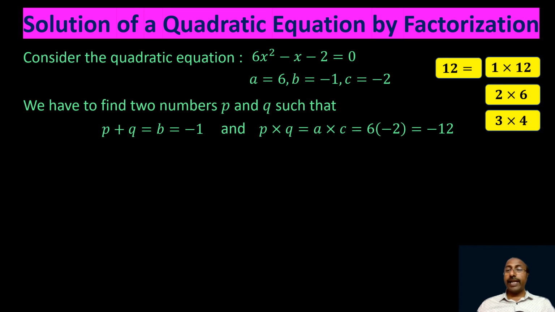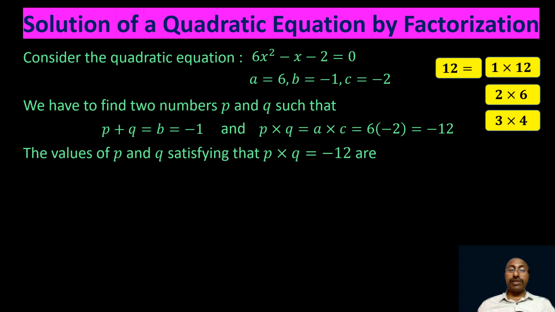That is, neither 1 + 12 nor 1 - 12 equals the required value. Similarly, neither 2 + 6 nor 2 - 6 is equal to -1. But we can notice that plus 3 minus 4 is equal to -1.